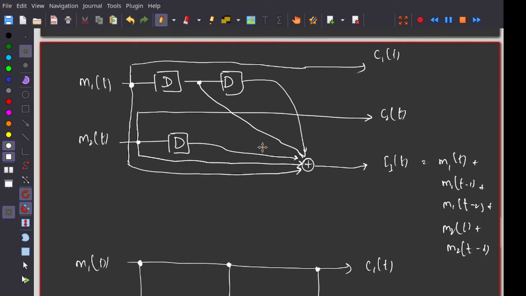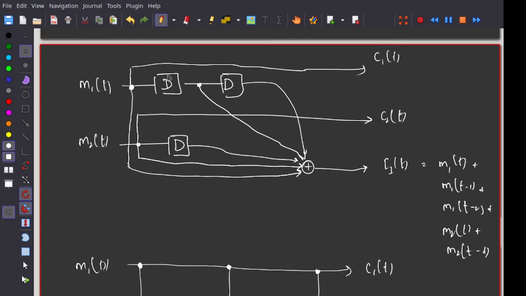Okay. So in this particular form, what are we doing? For each message, you group together elements corresponding to one particular message, put the number of delay elements that you require, and then at the end add them all up, right? So in this particular approach, the number of adder elements is exactly equal to the number of output streams, right?